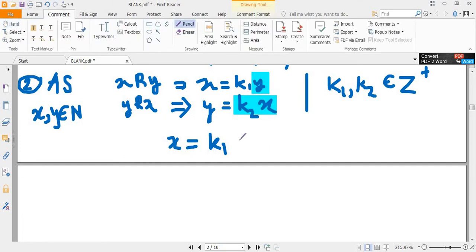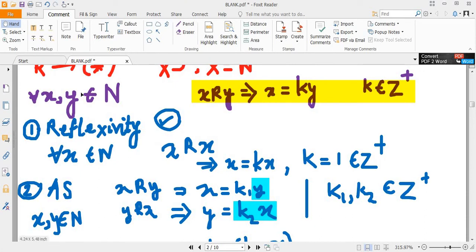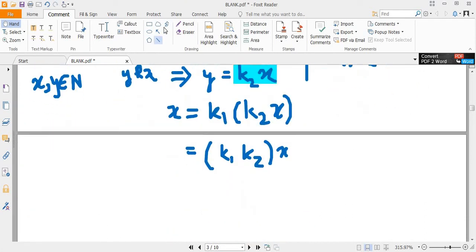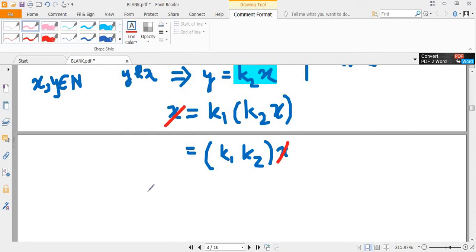That will give me x equal to k1 k2 x. Now since x belongs to the set of natural numbers, I can cancel out x from both sides and conclude that k1 k2 is equal to 1.